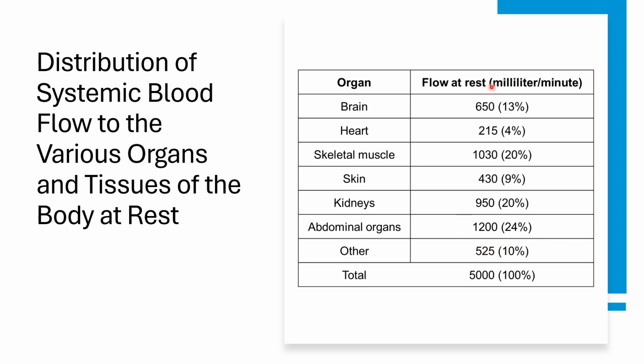This is really good for just getting you to think about what requires a lot of blood and why. So does the brain require as much blood to function as skeletal muscle? And why? Does the skin require as much blood, knowing what the job of blood is?